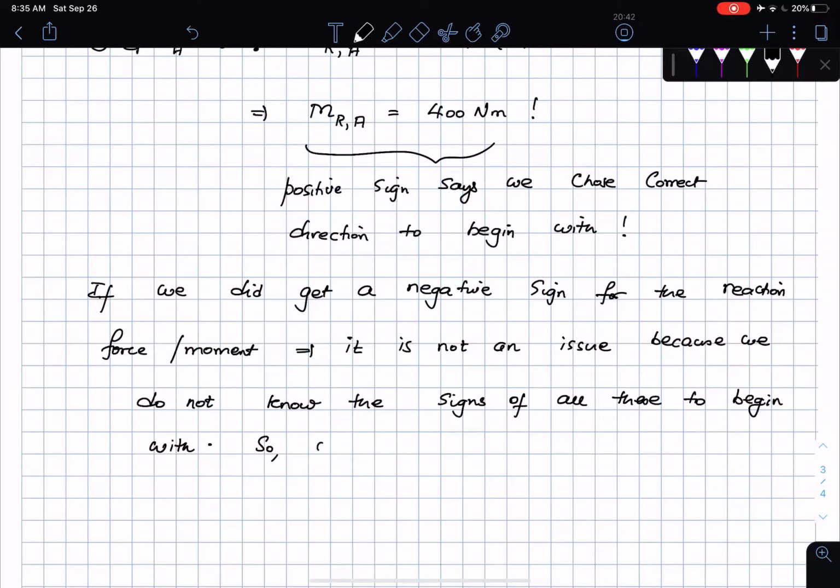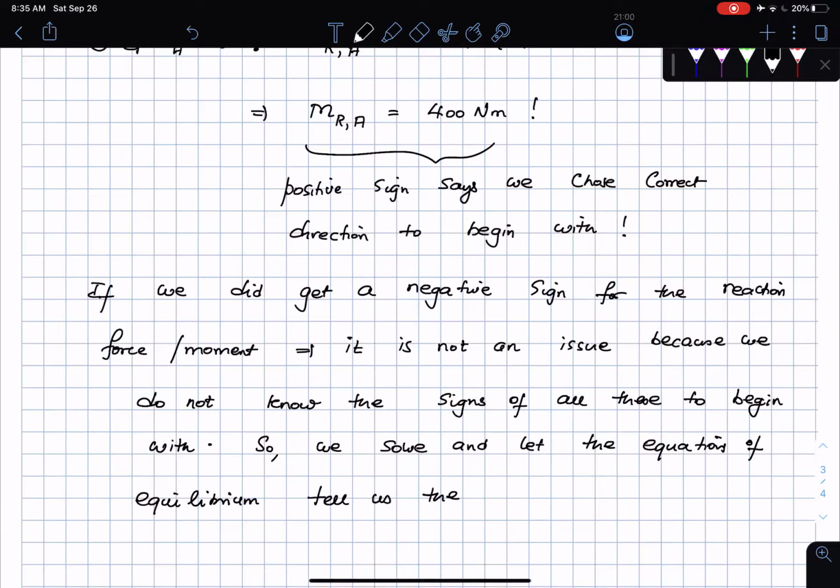So we solve and let the equations of equilibrium tell us the proper directions. Signs or directions. Okay, so that's about the end of this problem.